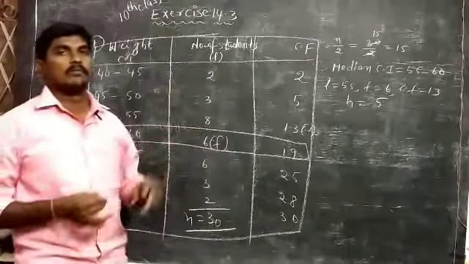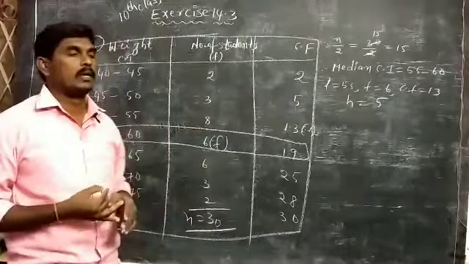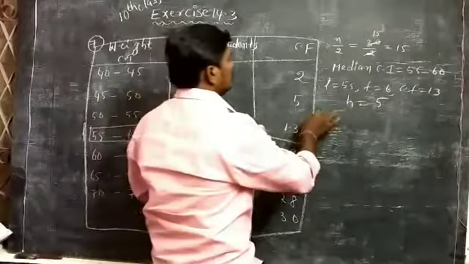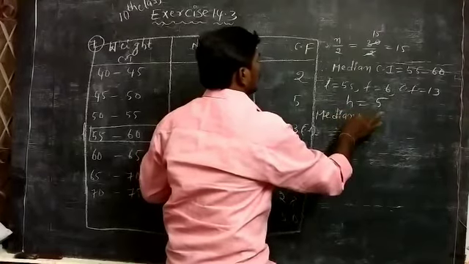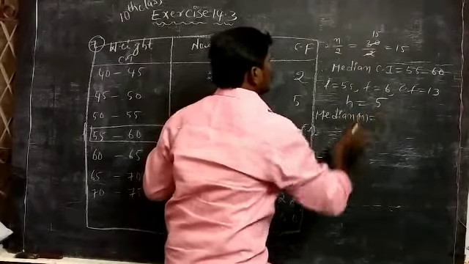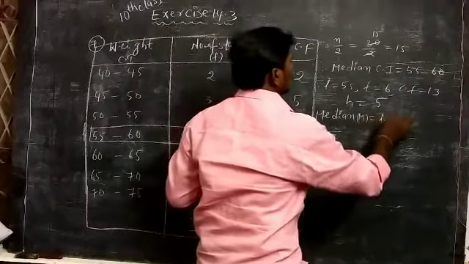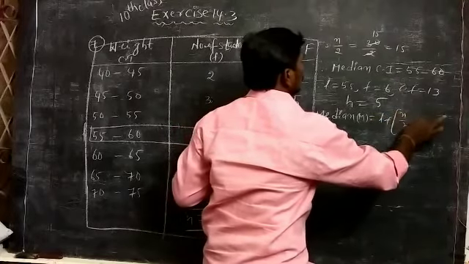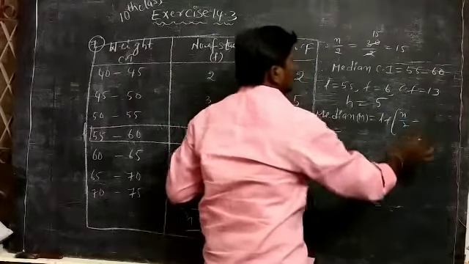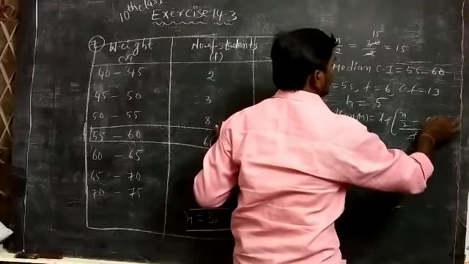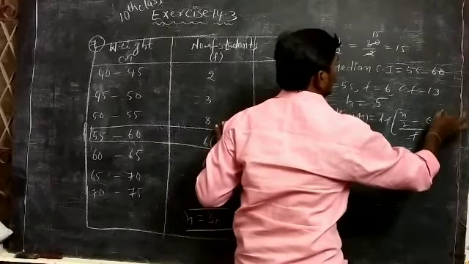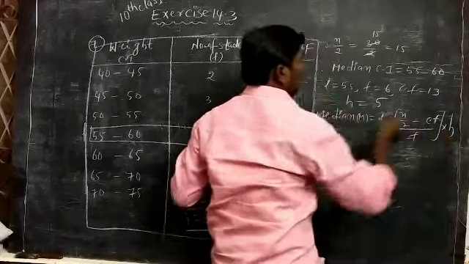After identifying all these, now we can write the median formula: M is equal to L plus (n by 2 minus cf) by f, into h.